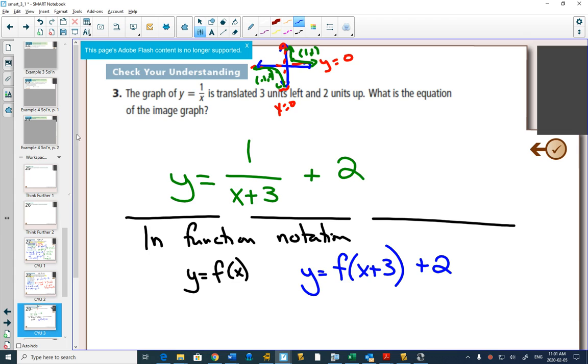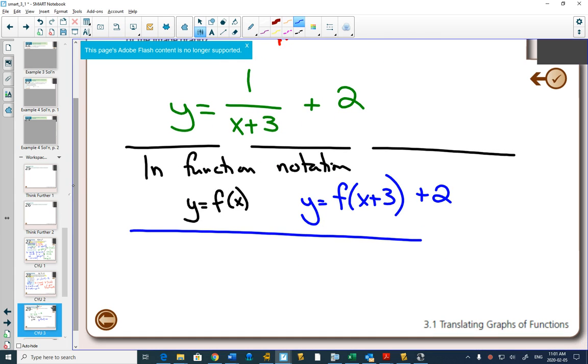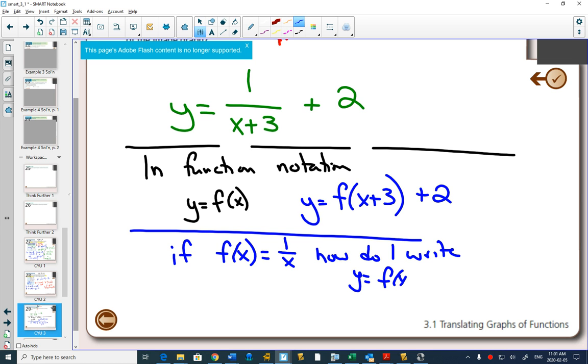So, in my next little line here, I'm going to say if f of x, if the function, any function, was 1 over x, how do I write y equals f of x plus 3 plus 2? So if my function was 1 over x and I wanted to show 3 to the left and 2 up, how do I show that? How do functions work?